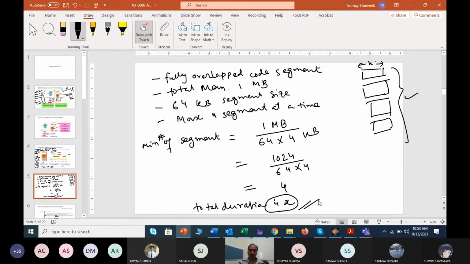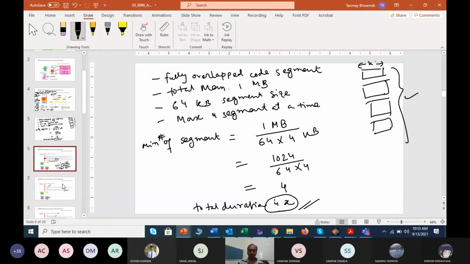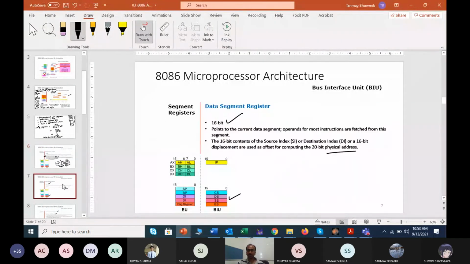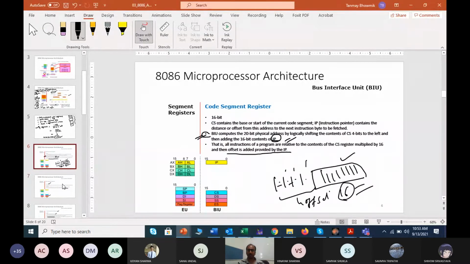So this was the part of the code segment, right? Then we observed what is there in this code segment register. We observed that the 20-bit segment address is accessed by logically shifting to the left. Why are they shifting to the left? They are gradually moving from the lower significant to the higher significant bit. That is the point.